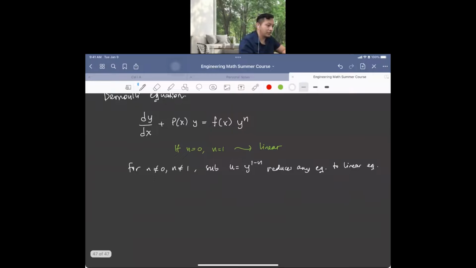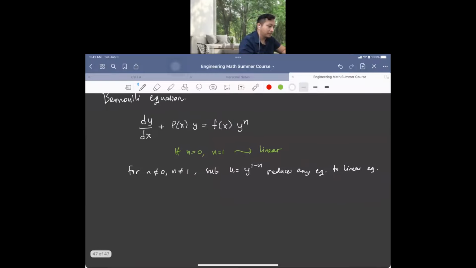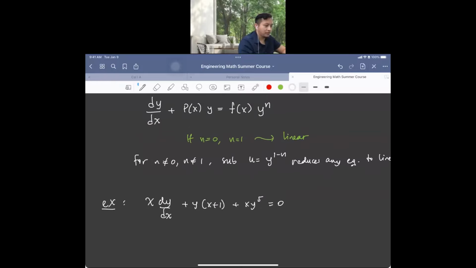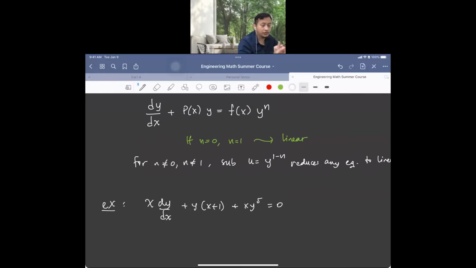Okay, what does it mean? Let me just show you quickly here. So x dy over dx, for example, plus y times (x plus 1) plus x y to the power of 5 equals 0. Let me just get straight what we have here. What we are going to do is identify.